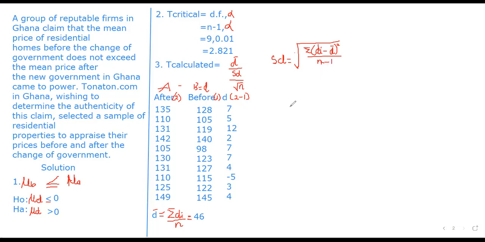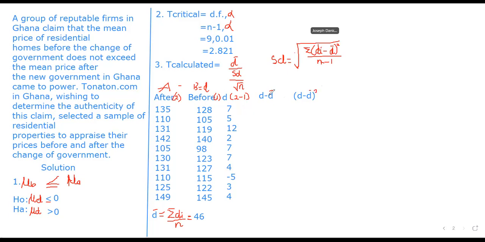So we have to create a column for D minus D bar, then another column for D minus D bar squared. You square whatever you get here.